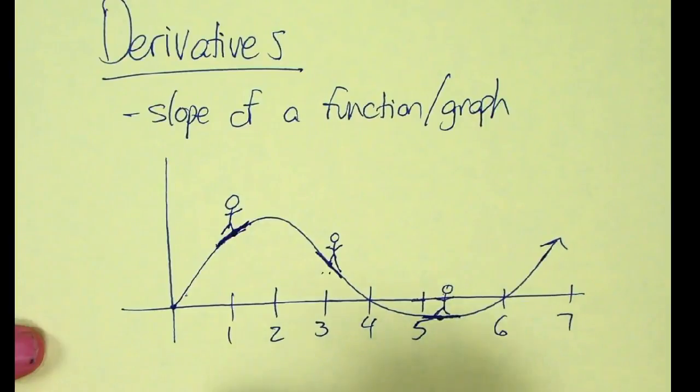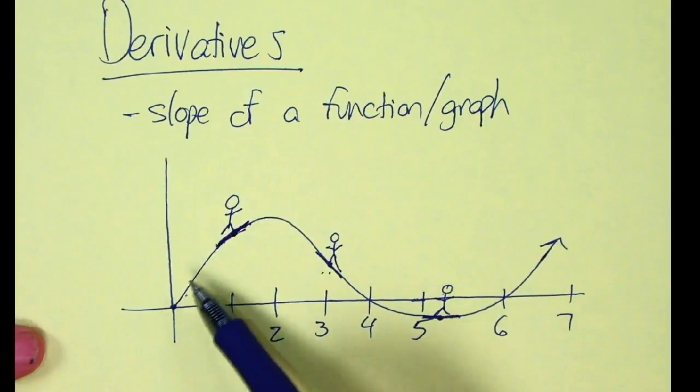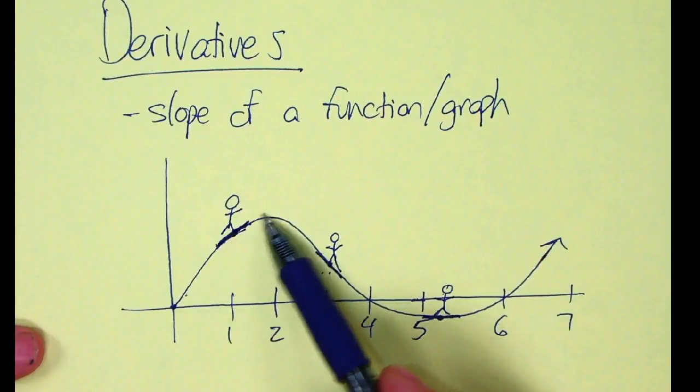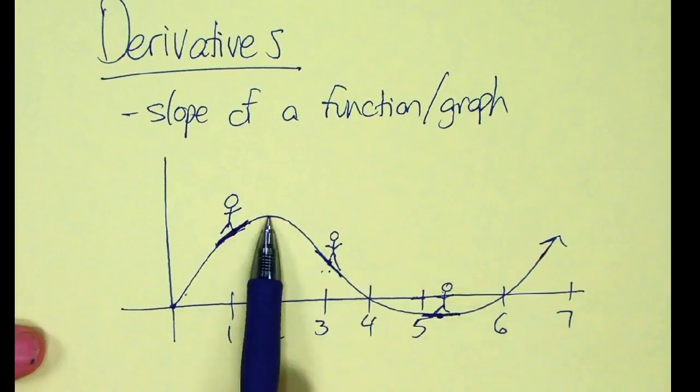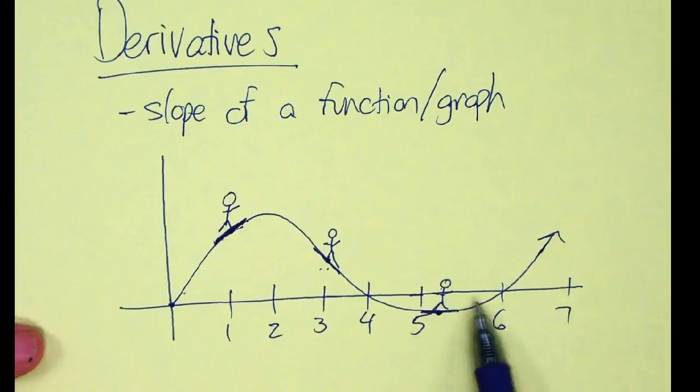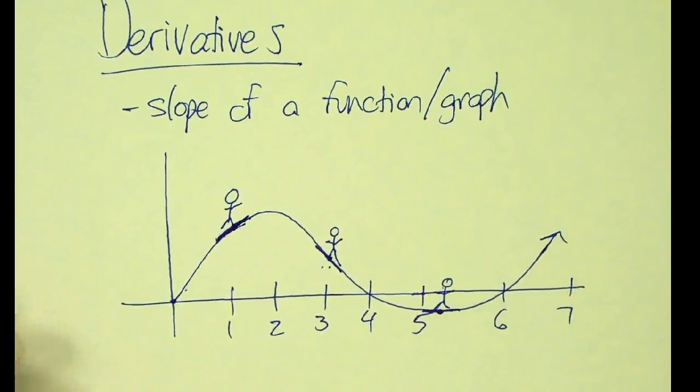So if you just think in general of positive, negative, or 0, the slope of this graph is positive here, so we'd have a positive derivative. The slope is 0, so we'd have a derivative of 0. The slope is negative all the way down to here, so we'd have a negative derivative over that part. Derivative or slope of 0, and then a positive derivative there.